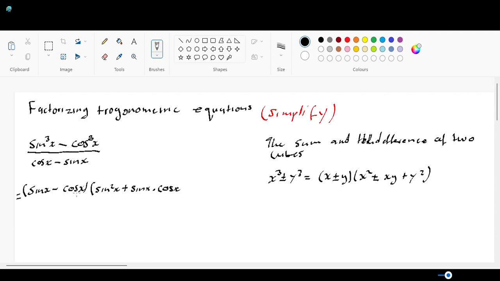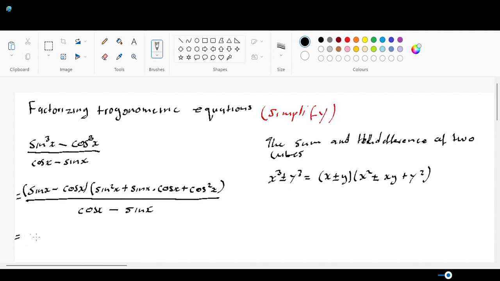Then the last term is cos multiplied by cos, which is positive cos squared x. Remember the formula. All this is going to be divided by cos x minus sine x.